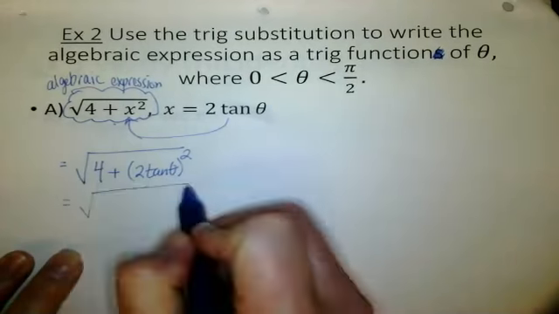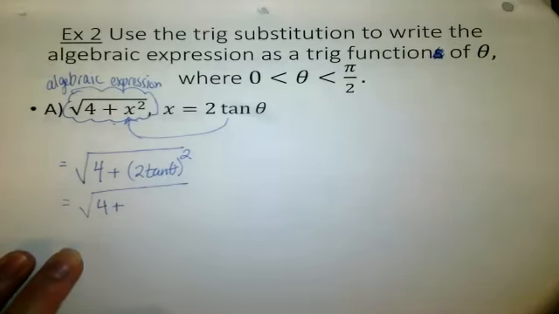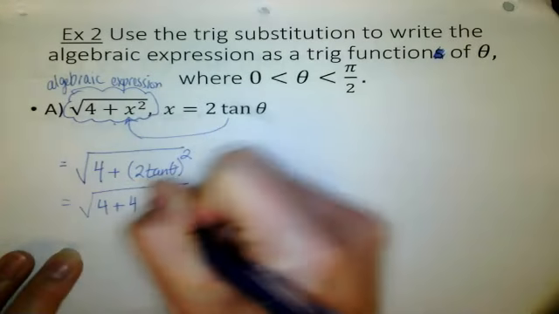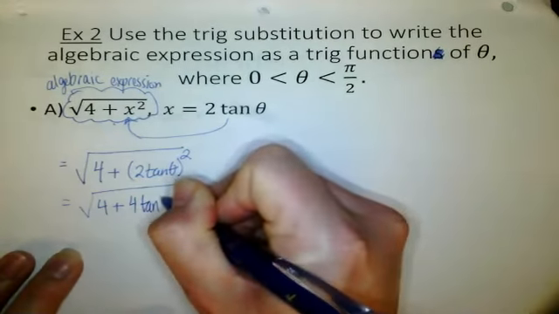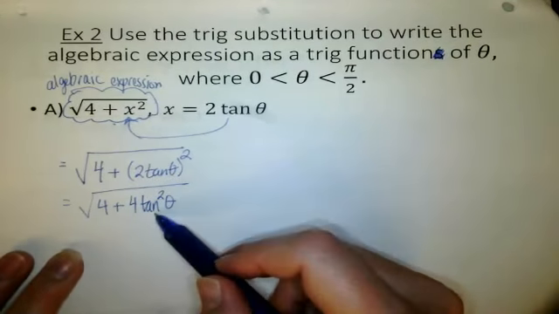And so let's see, 4 plus, what is 2 tangent theta quantity squared? Two tangent theta times 2 tangent theta would be 4 tangent squared of theta. Tangent times tangent would give me tangent squared.